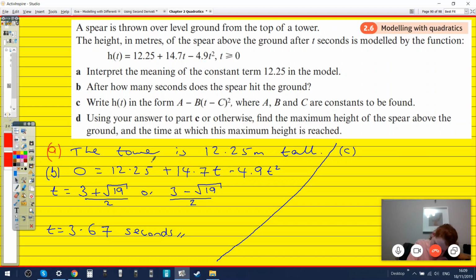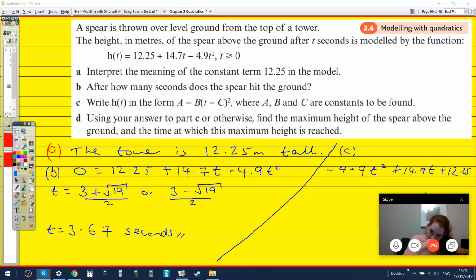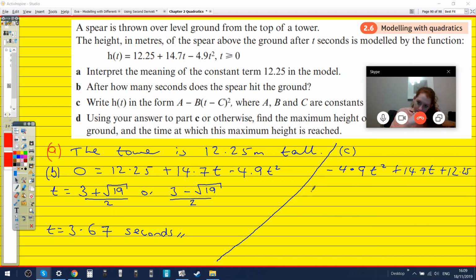I'm not sure what to do with the 14.7. So if we wrote this, what might help is to write it the normal way: minus 4.9 t squared. So the t squared first, and then the t, and then the 12.25. So if we take out the 4.9, let's take out minus 4.9.